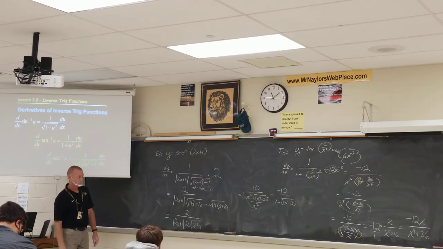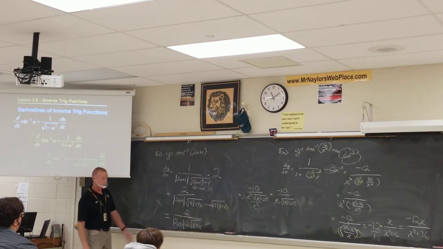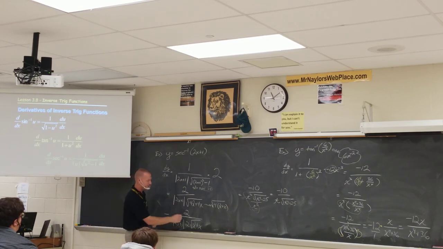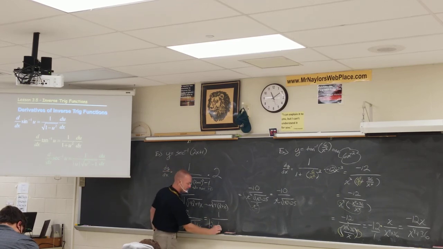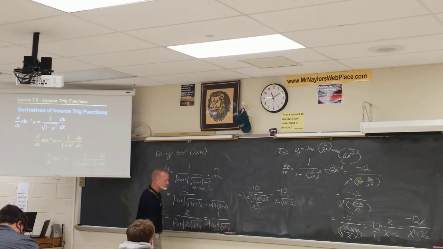The 2's can cancel. Thank goodness, though, that we put that 2 there because they can cancel. So we get 1 over absolute 2x plus 1. Nothing happened there. And now a little smaller square root x squared plus x. Square root of x squared plus x.